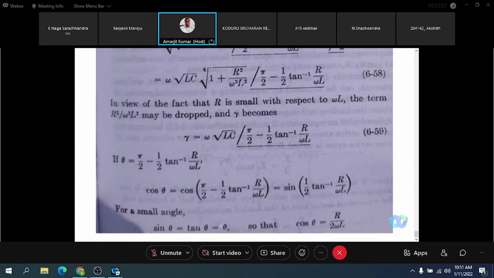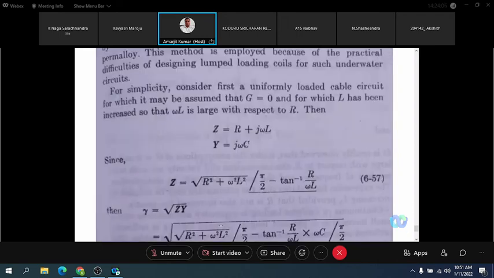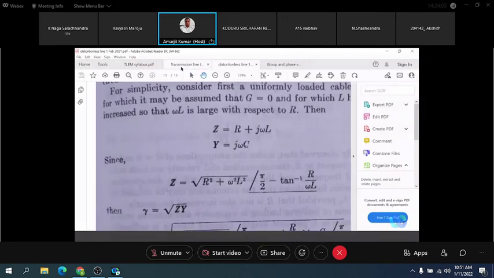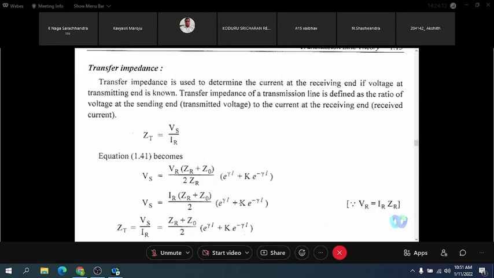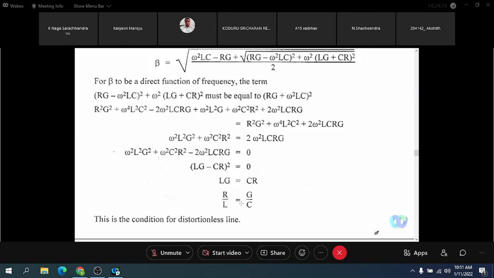Those things you know. And cos theta is equal to 1, that also you know. Cos theta is equal to 1 when theta is small.